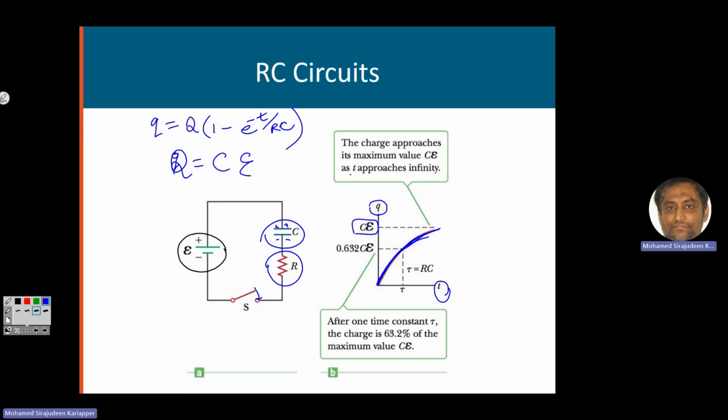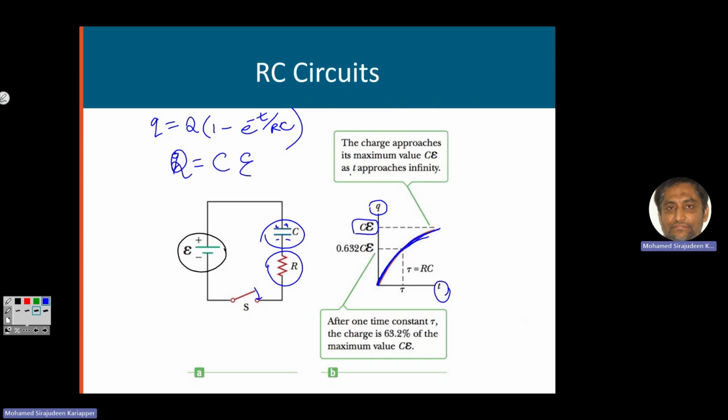Okay, where R and C are the resistance and capacitance, t is at a certain point in time. So this small q is the charge on the capacitor at that point in time, the charge as a function of time.